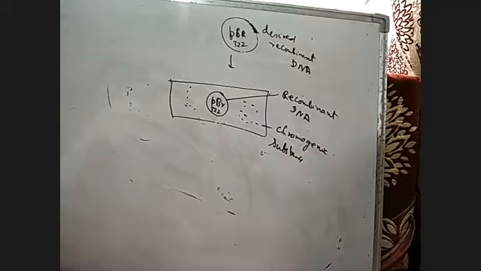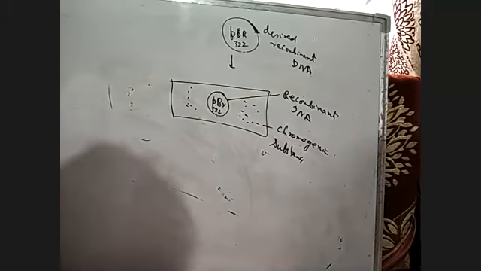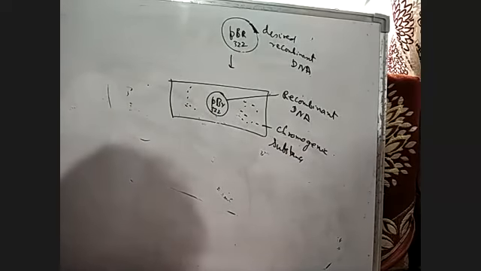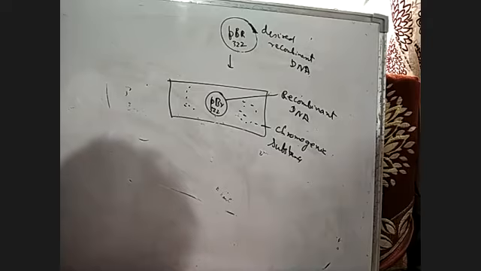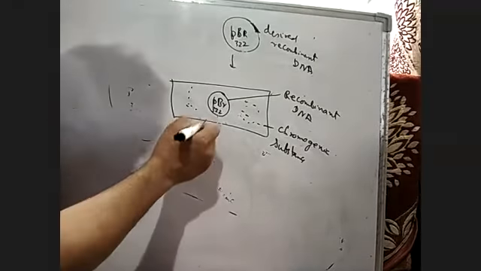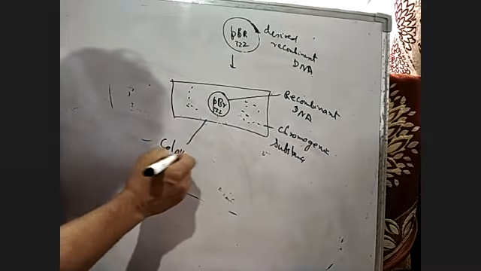Chromo means the color substance. If the color appears blue, then it shows the plasmid in the bacteria is non-transformant, or non-recombinant.